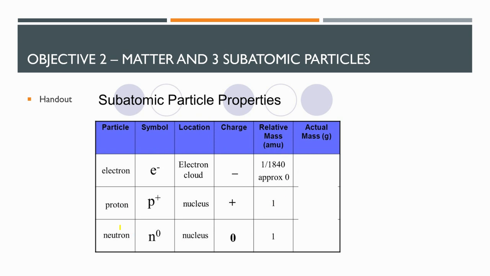So a proton and a neutron both have a mass of 1 AMU. And then the electrons are so much tinier that we pretty much say that the mass of an electron is approximately 0. This is already a tiny number in grams, which we're about to see. And if you take a fraction of that number, it's almost non-existent.